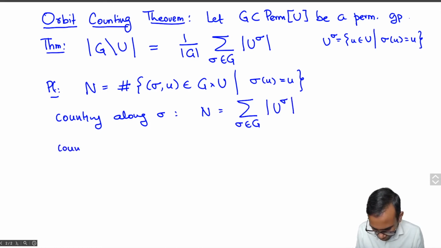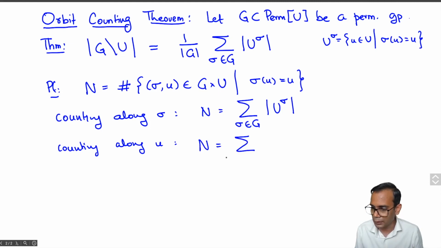But now let's count along U. Then what we get is that n is equal to the sum over U in U. And then how many sigma are there?